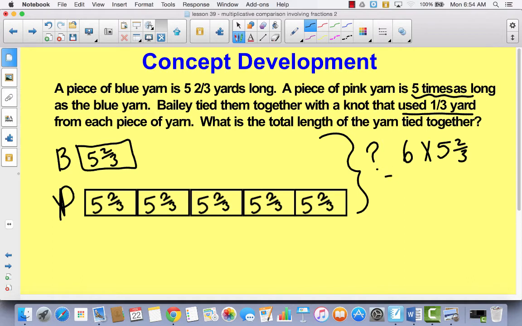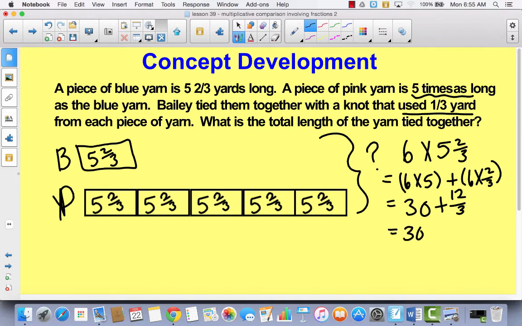So 6 times 5 2/3 is the same thing as 6 times 5 plus 6 times 2/3. This is going to be 30 plus 12/3. Well, because 12 divides by 3 evenly, I can say that's 30 plus 4, which equals 34. But this isn't the answer.